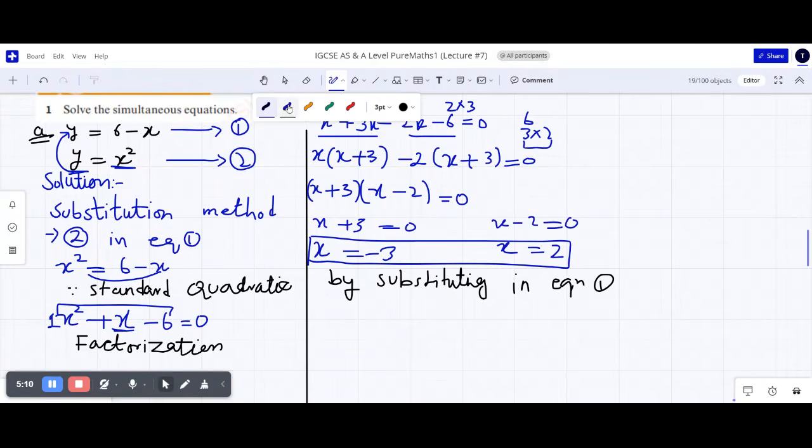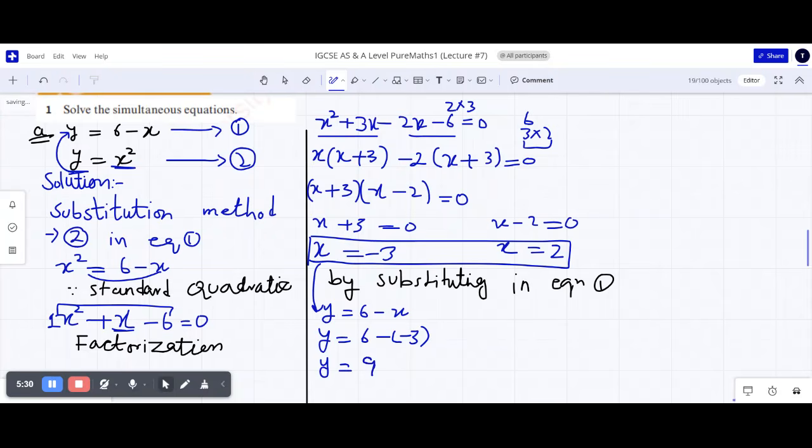Equation 1 is y equals 6 minus x. First of all, I will substitute minus 3. So it will be 6 minus minus 3, the first value. So now y equals 6 minus minus, plus 3, which is 9.